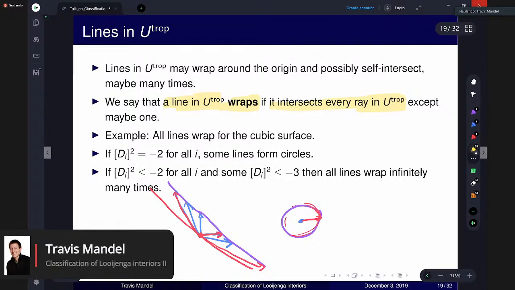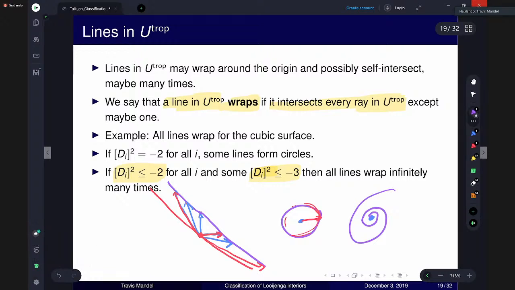And then if you make things any worse than that, so if all your self-intersection numbers are less than or equal to -2, and at least one of them is strictly less than -2, less than or equal to -3, then not only will the lines wrap infinitely, but they won't trace over themselves and form a circle, they'll actually spiral in towards the origin. So you'll get lines that actually collapse in. And what's happening there is the image of the developing map is no longer a half plane, it's a strictly convex cone.